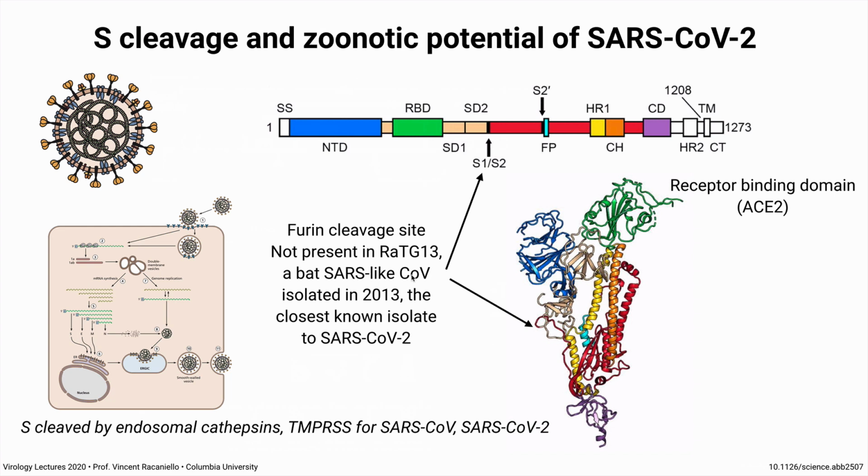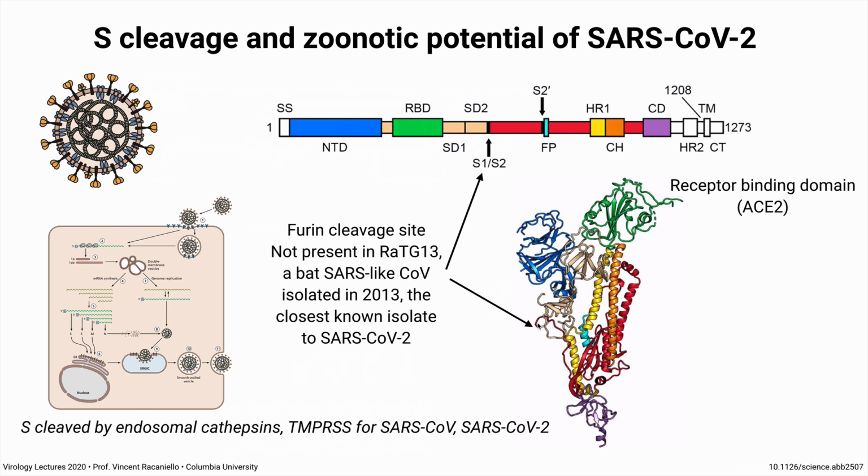So SARS-CoV-2 is clearly a bat virus. If you compare the genome sequence of the human SARS-CoV-2 and this bat virus, you can see that there is a furin insertion sequence here, right between S1 and S2, and here on the structure diagram, which is not present in the bat virus.